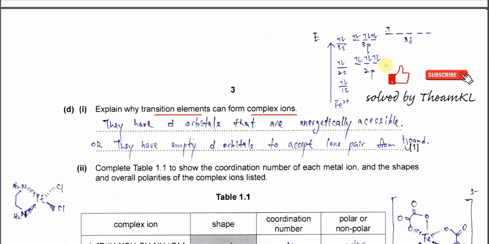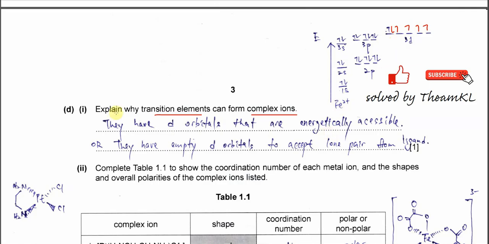Fe2+ is 3d6. So this is 1, 2, 3, 4, 5, 6. So as you can see, for this iron 2+, these d orbitals are not fully filled, so it can still gain electrons.